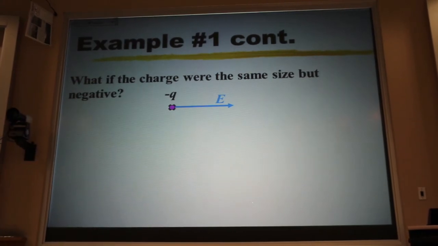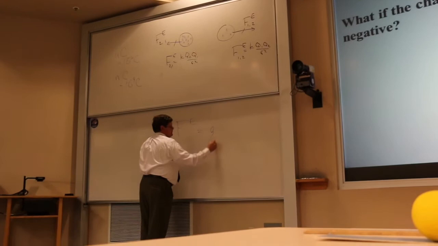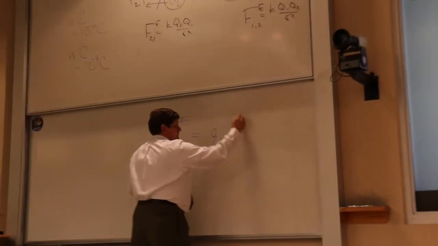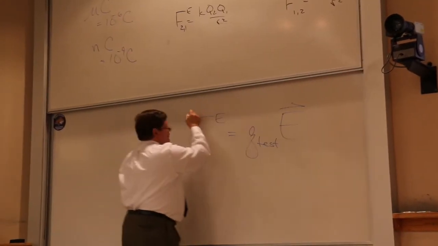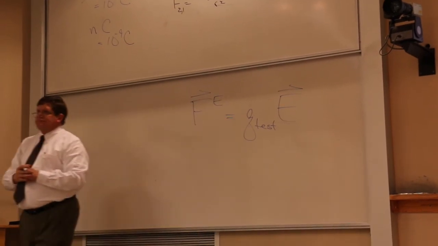Now, this is where some people, when they're beginning their study, struggle. If I look at this formula for the electric force, I have to remember that it's a vector formula.